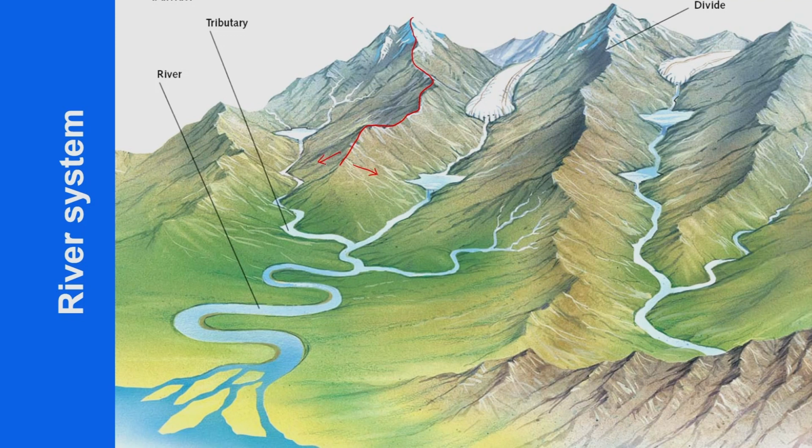Streams flowing are what we call tributaries, and they flow to one of the major trunk streams. For this side of the drainage, this one will be the trunk stream, and finally it merges and goes to the major channel. This will become the main trunk stream, and we will also talk about the order of the channels.